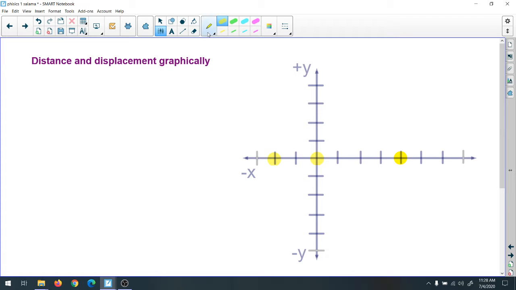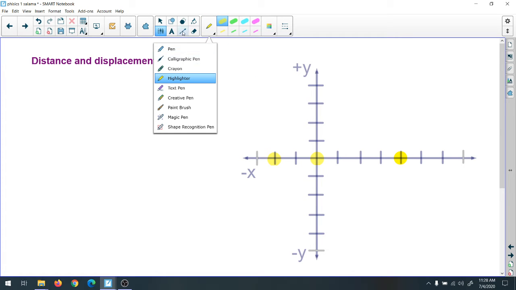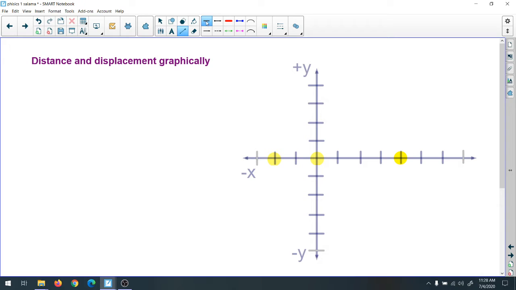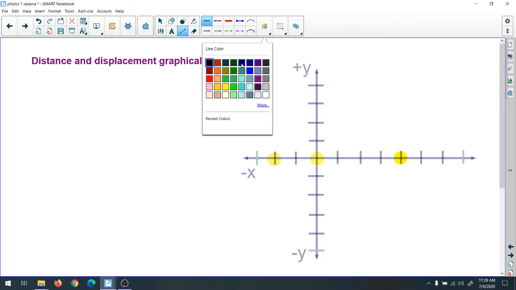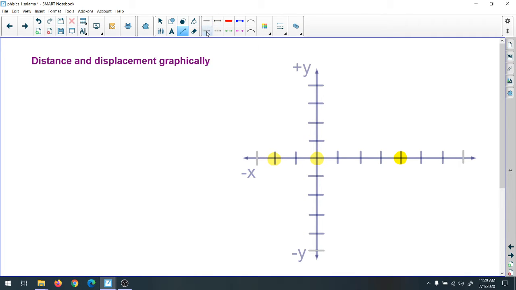Let's do that here. First, we start to move from the origin point here. Let's make it with the arrow. From the origin point, we stop by here.